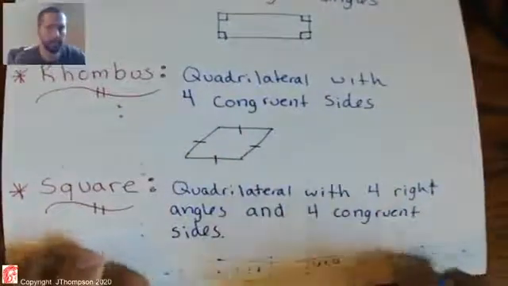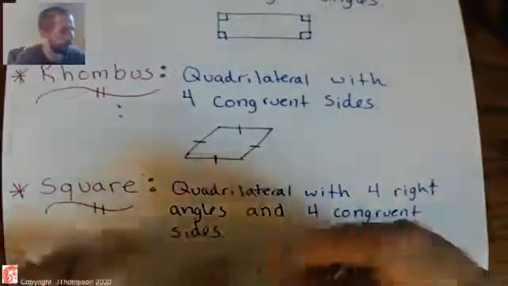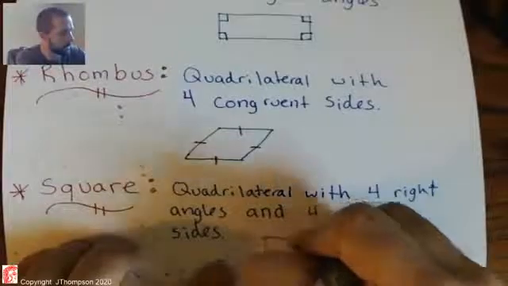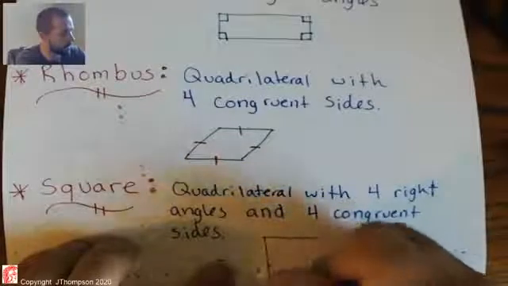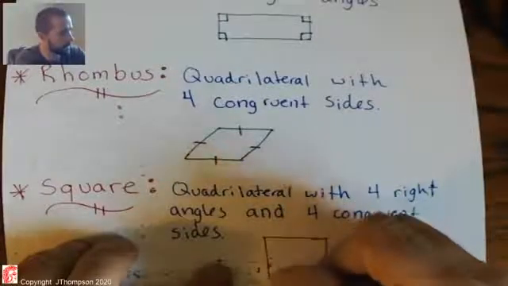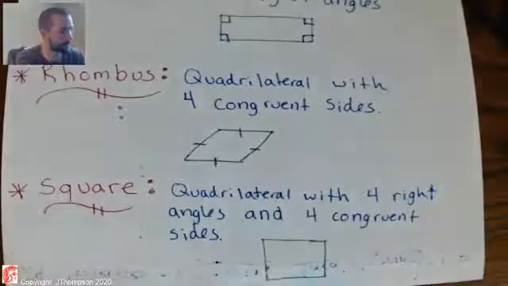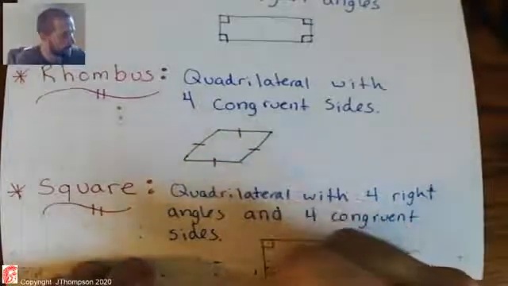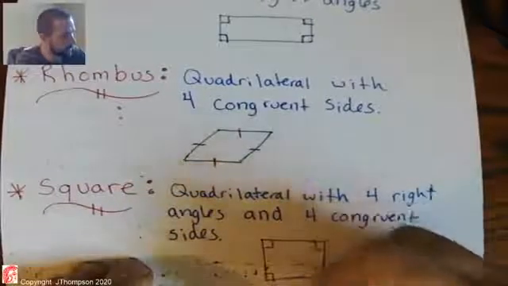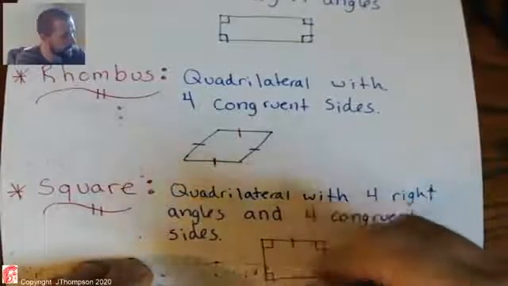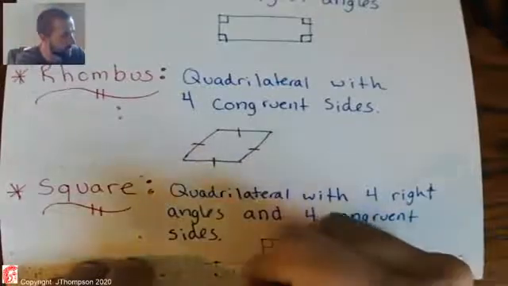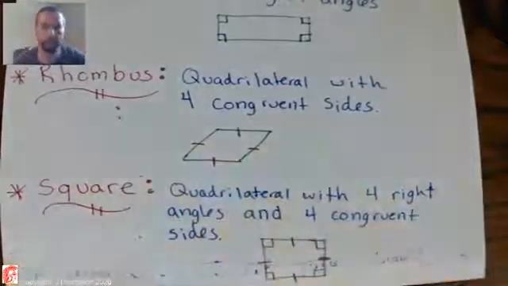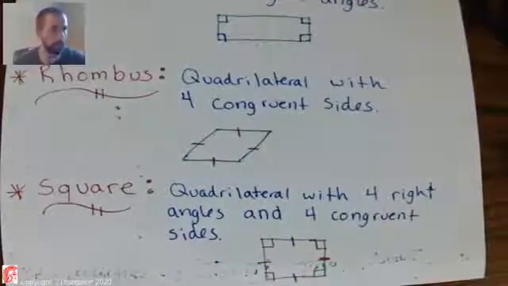Okay, and then that gives us the shape that we're very familiar with, which is something like this. So it's got those four right angles. I'm going to put the four boxes. Not a great picture that I drew. So it's got the four boxes and it's got the four congruent sides. So I'm going to put a tick mark on each side. Okay, so that's what a square would look like.